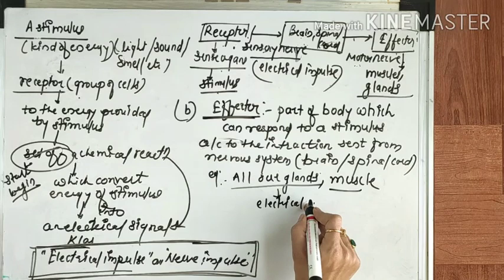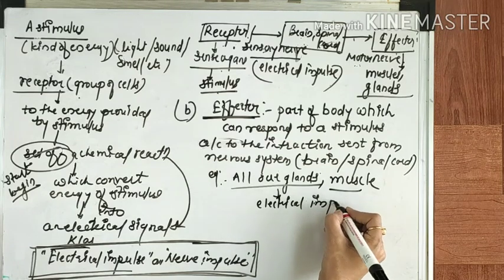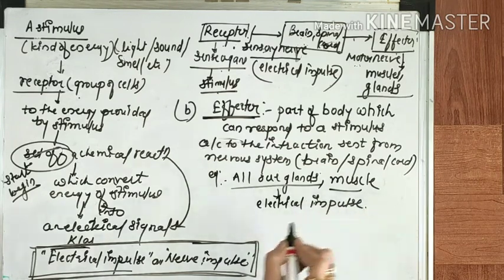Electrical signals, or I say electrical impulse. Here again I will tell you some muscles and glands which respond to this information from the brain and spinal cord through the motor nerves.